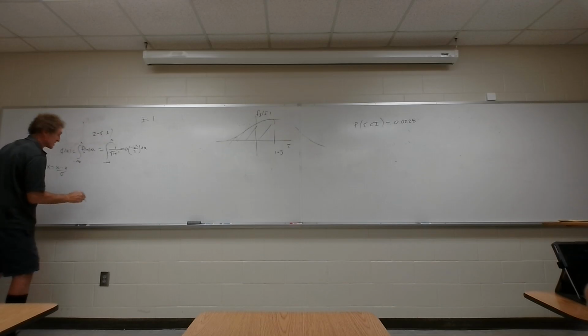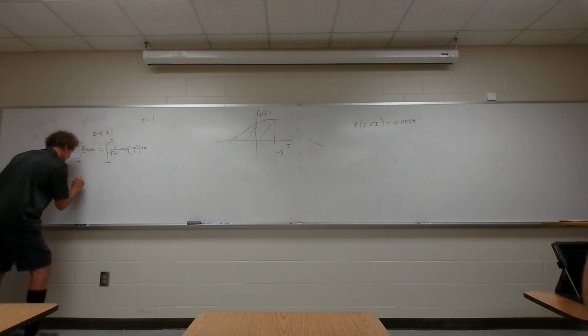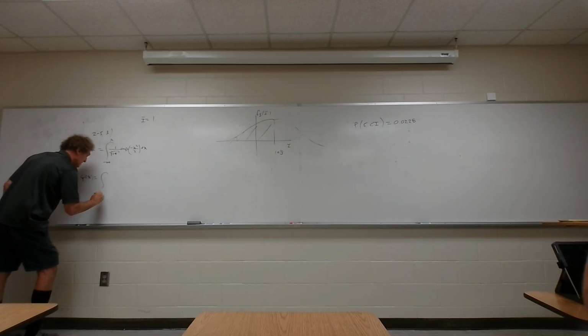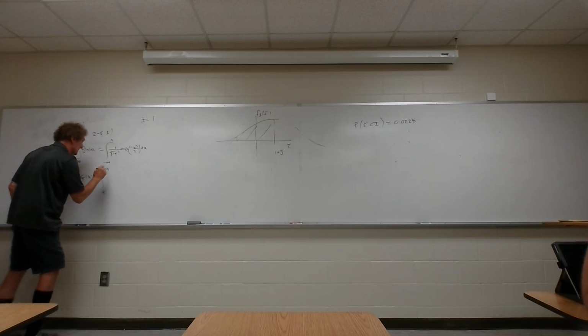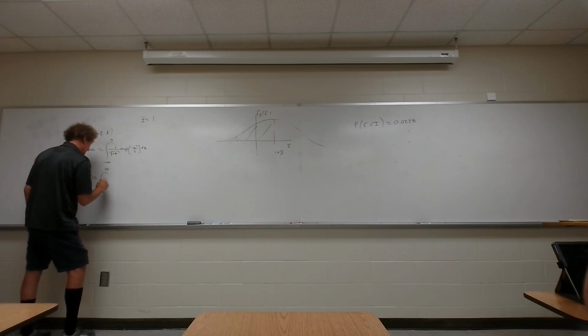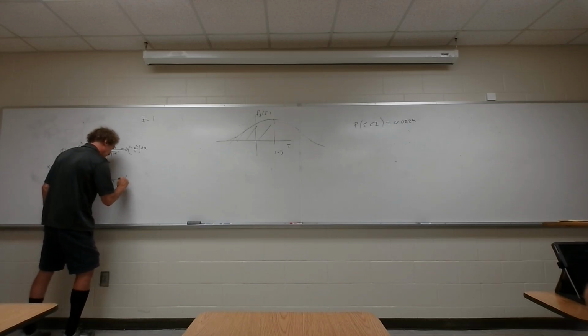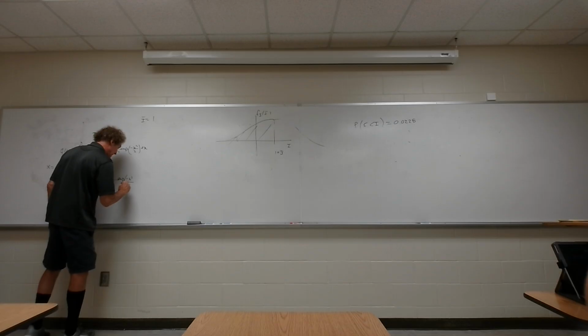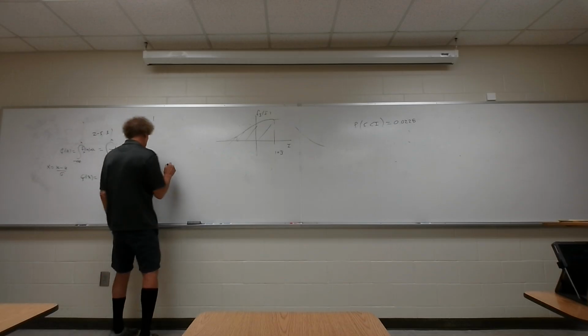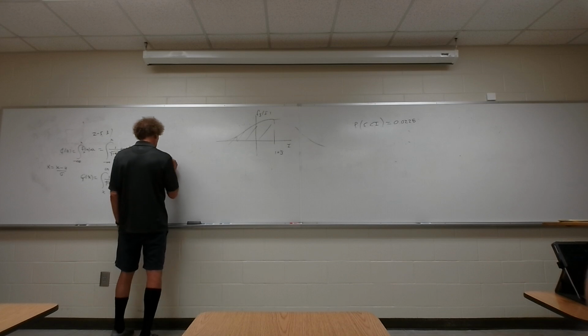But there's something called a complementary function, and he calls it Q of x. That's equal to the integral from x to infinity of 1 over the square root of 2 pi times exp of minus x squared over 2 dx.